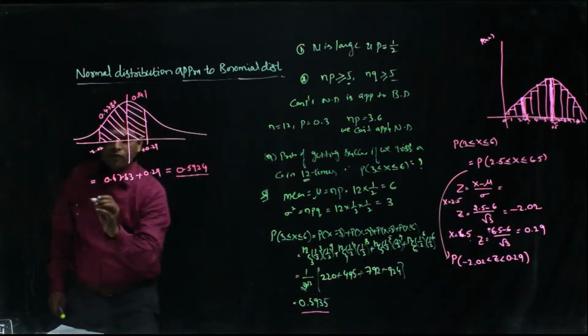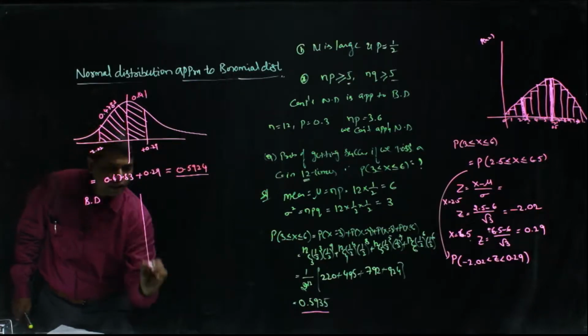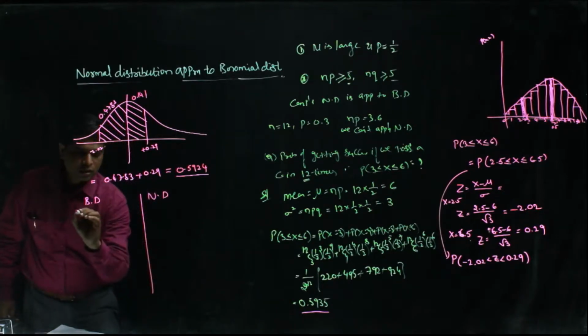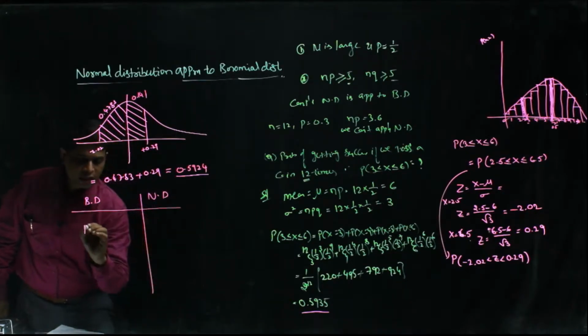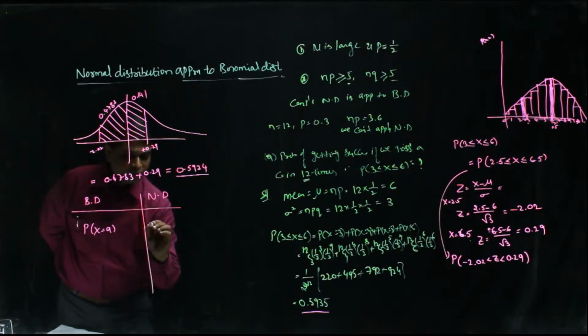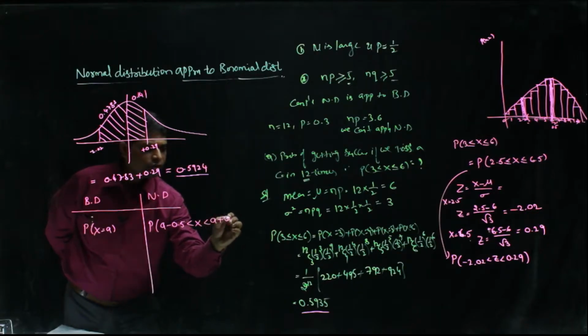So, when we are using a binomial distribution and converting it into a normal distribution, how can we calculate these values? Suppose I want to calculate the probability that x is equal to a. At that time, in the normal distribution we can convert this as a minus 0.5 less than x less than a plus 0.5.